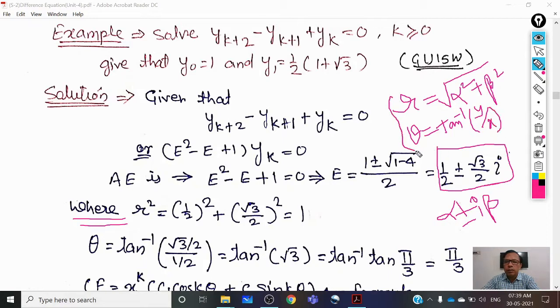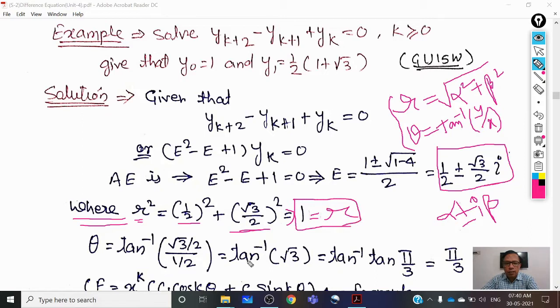By using these relations, r² = (1/2)² + (√3/2)². On simplifying we get r = 1.